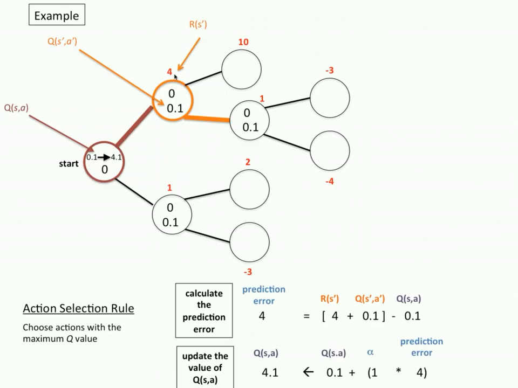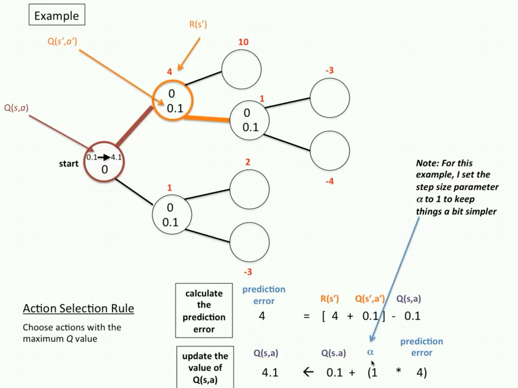With that notation in hand, it's an easy matter to calculate the prediction error and update the value of Q(S,A). Again, R(S') is 4, Q(S',A') is 0.1, Q(S,A) is 0.1, so the prediction error is 4. I now substitute in that prediction error to this equation, 4. I set my alpha to be 1 to keep things simple.